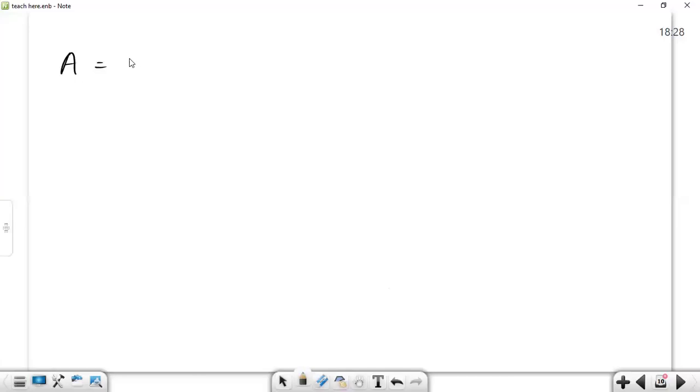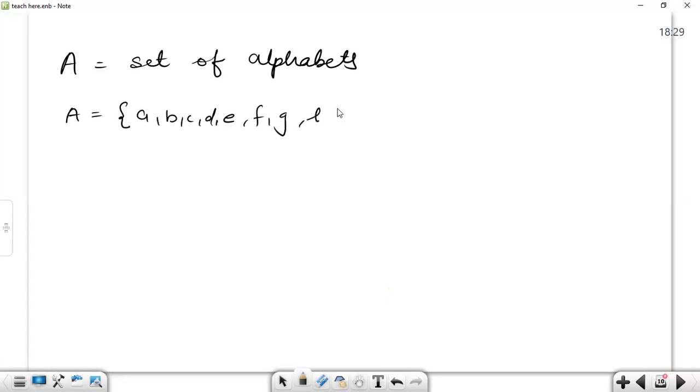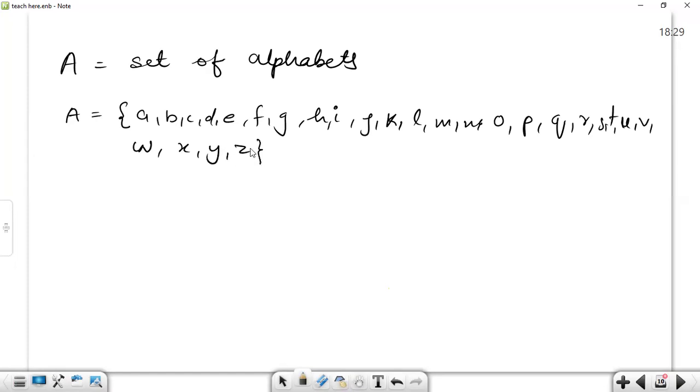Let's say there's a set A of all English alphabets: A B C D E F G H I J K L M N O P Q R S T U V W X Y Z. So what is the cardinality of the set? 26.